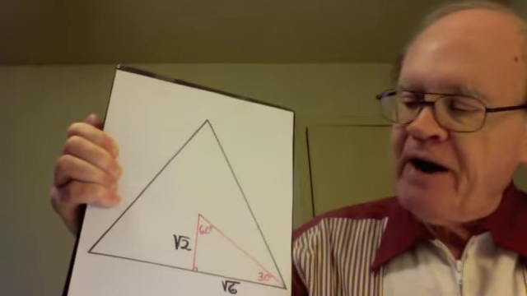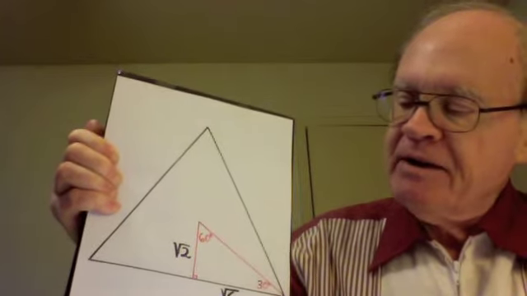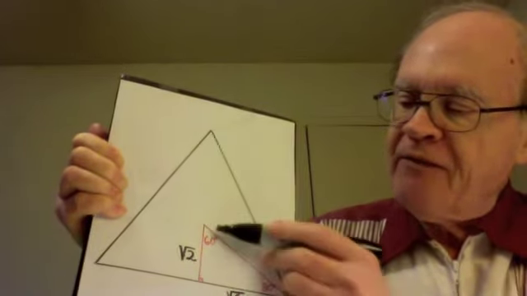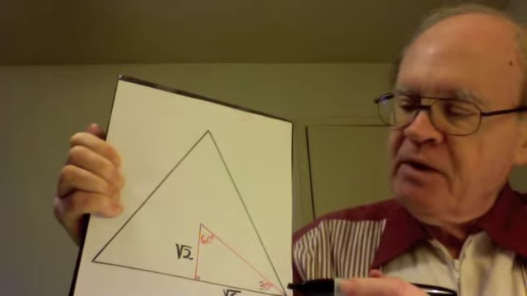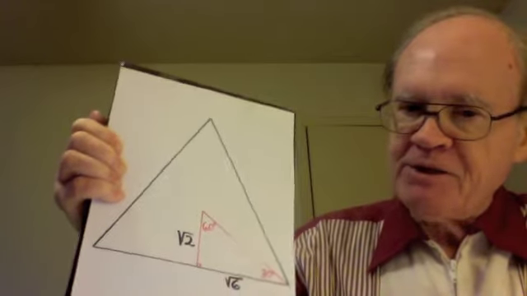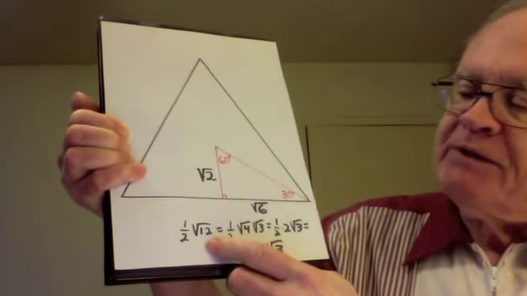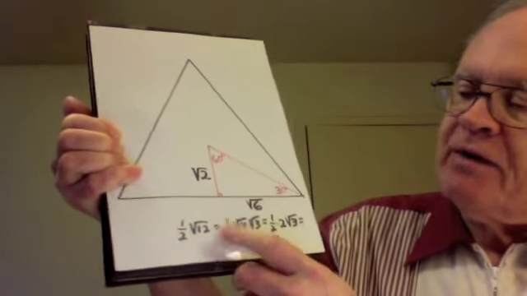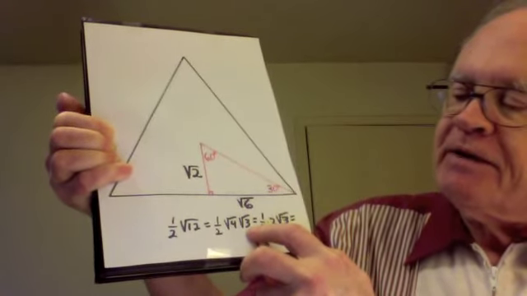The area of a triangle is 1/2 the base times the height. That will be 1/2 the square root of 2 times the square root of 6, which is 1/2 times the square root of 12. 1/2 times the square root of 12, I split the square root of 12 this way, 1/2 times the square root of 4 times the square root of 3.